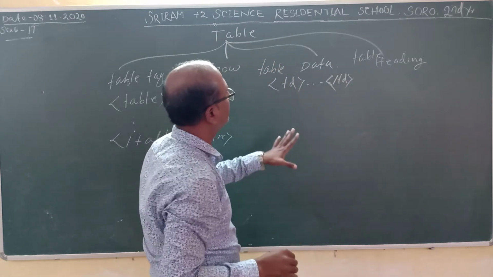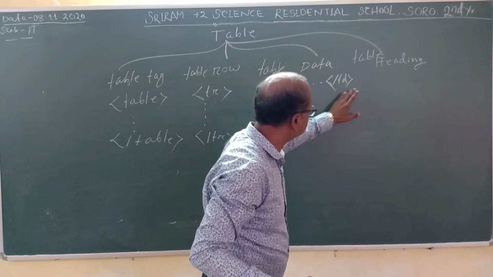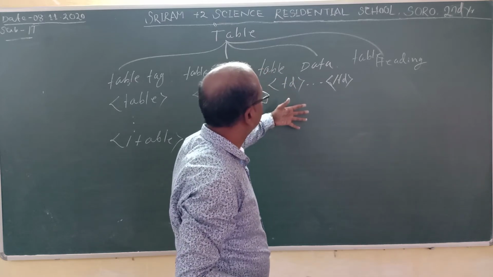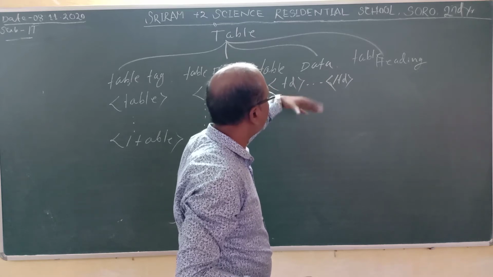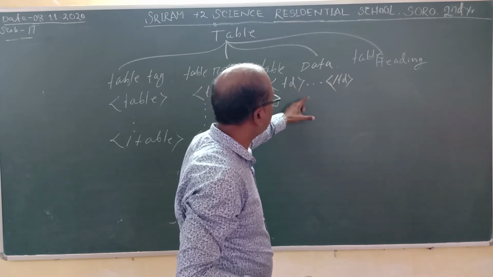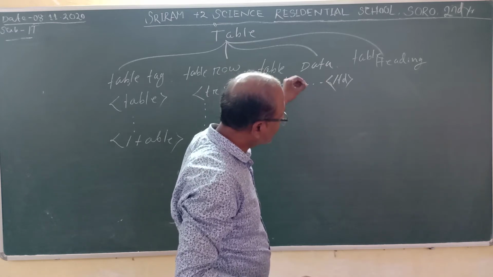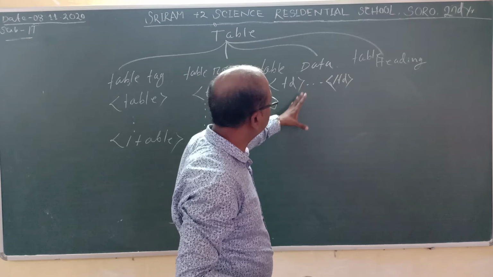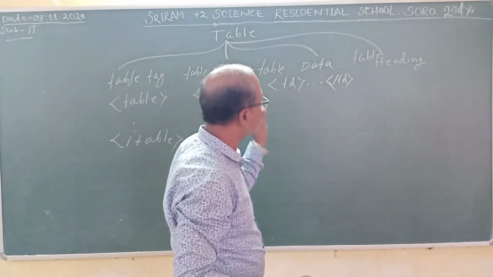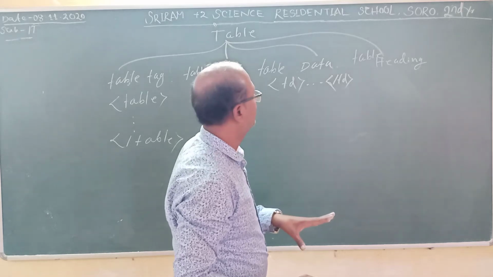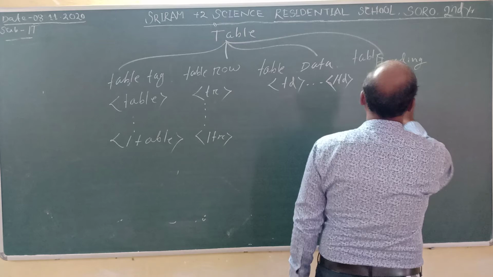Using this pair of tags, td and slash td, we can insert some data inside the cell. Without using the td tag, we cannot enter data inside the table cell. Okay.